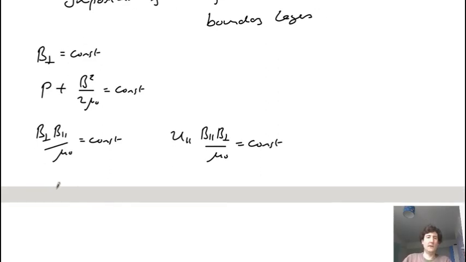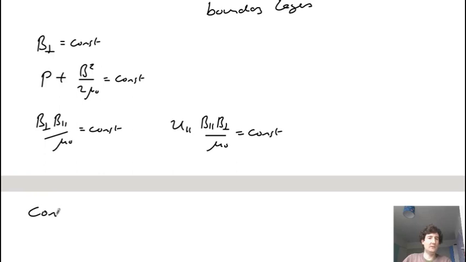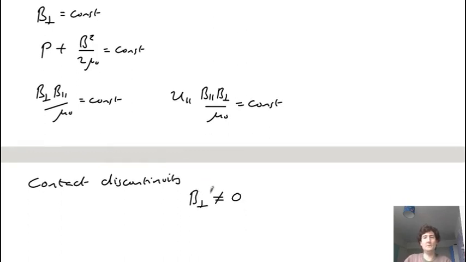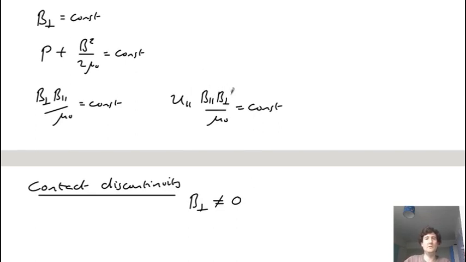So there are several different cases here. The first is a contact discontinuity, and this occurs where b perpendicular is not equal to 0, so if there's some magnetic field across the jump, then you can see, assuming that b parallel is also non-zero, so there's some non-zero magnetic field, that this is the same as that.